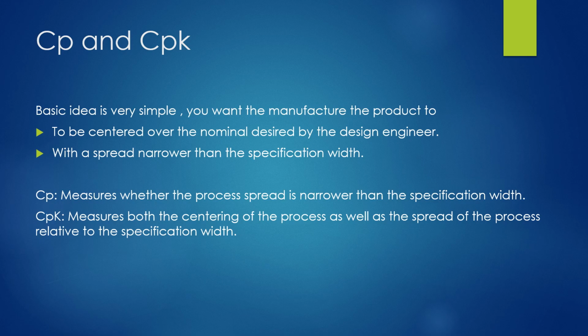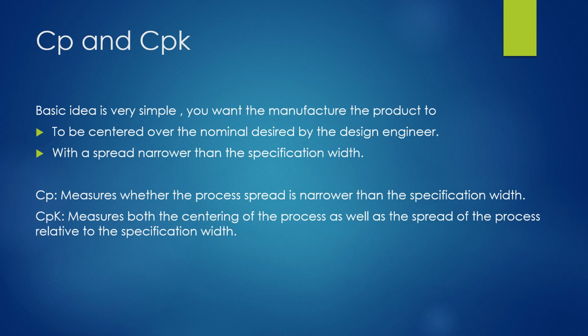We should not be on the lower side or the higher side, where there will be a threat to the quality of the product, whether it is an OOS, out of trend, or a deviation in the product. So we have to see that our product is centered and the spread is narrower than the specification width.